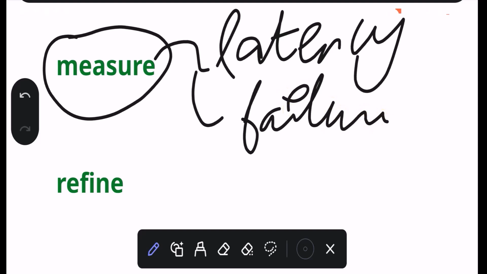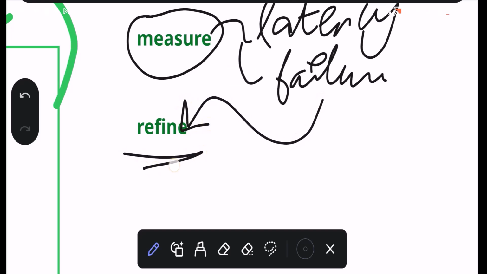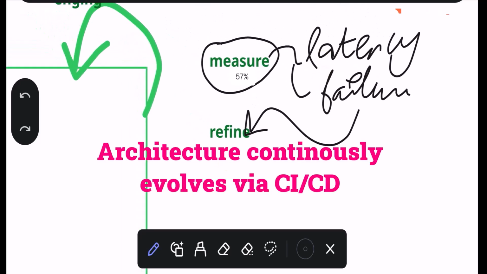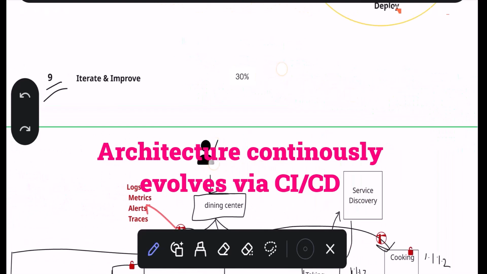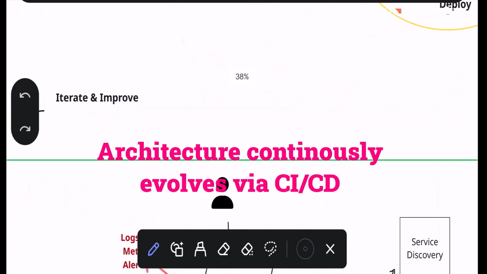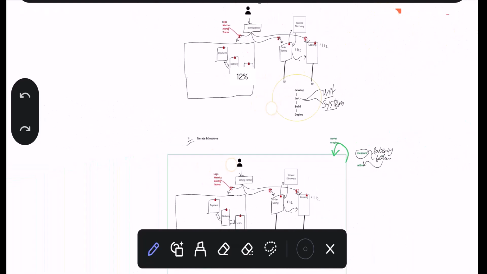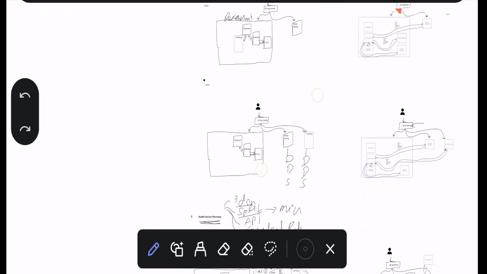Why do we do so? So that we can refine it in the future, identify where there are bottlenecks, and minimize those bottlenecks. In this way our architecture keeps on evolving. So yes, these are the 9 steps of transitioning from monolithic architecture to the microservices architecture.